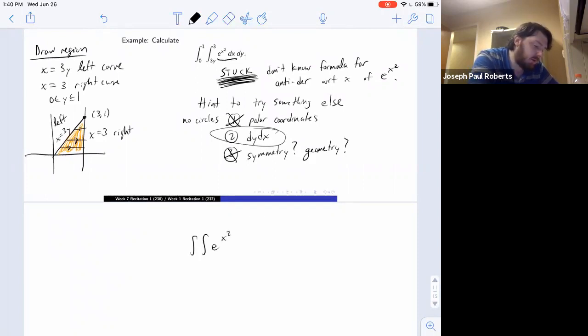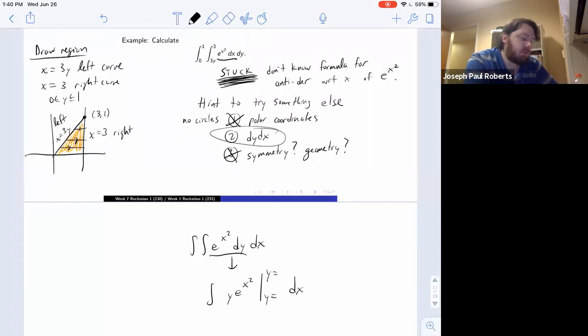But if we are able to get this set up dy dx, I can at least do that first step, because in the previous example, which variable you're treating as a constant can really affect the difficulty of the antiderivative. So e to the x squared with respect to x, I'm 100% stuck. But the antiderivative of e to the x squared with respect to y, well, that's easy. If I'm pretending x is a number and y is my variable, then my antiderivative is y e to the x squared.